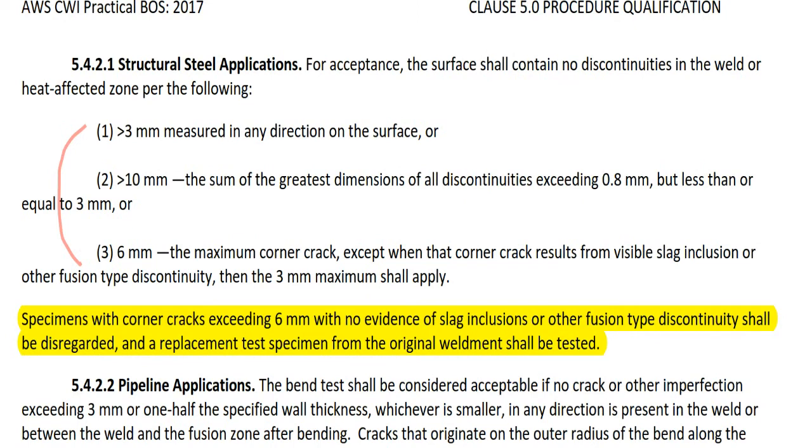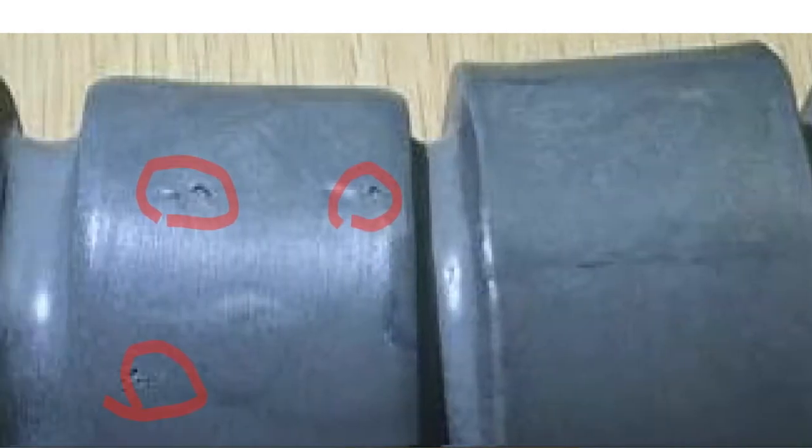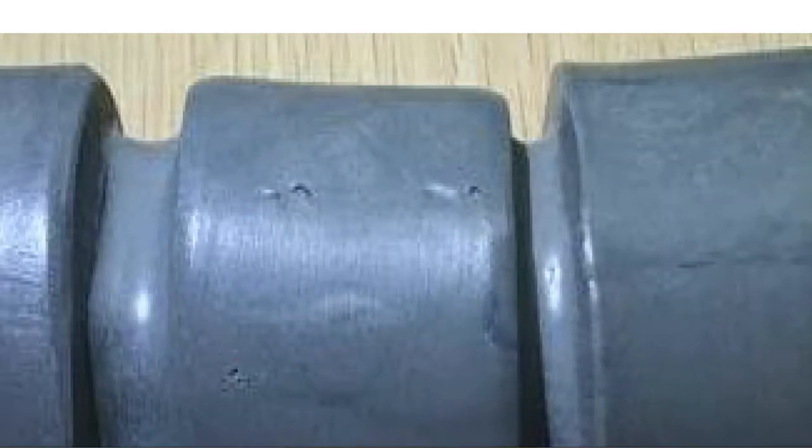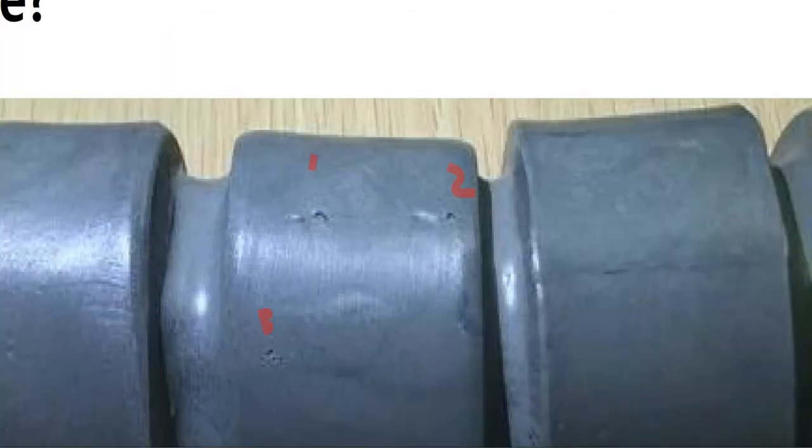That's number 1. And number 2 is bigger than 10 mm, sum of the greatest dimension of all discontinuities exceeding 0.8 mm but less than 3 mm. Like here you have 1, 2, 3 discontinuities, and the length of each discontinuity is more than 0.8 mm but less than 3 mm.